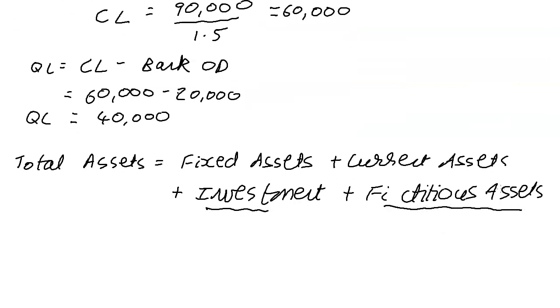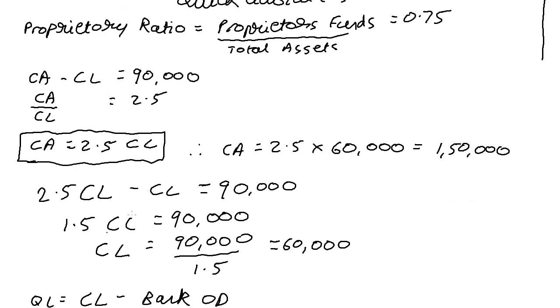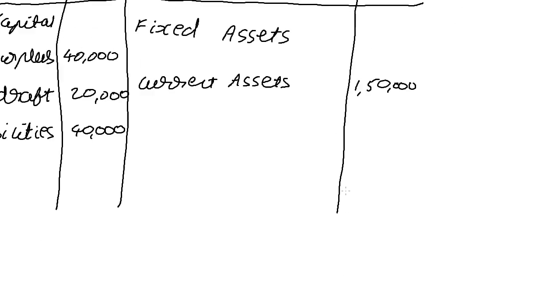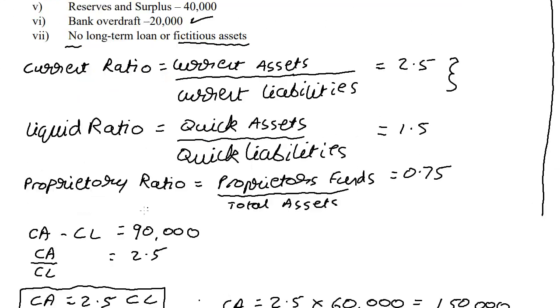Therefore, total assets is going to be nothing but fixed assets plus current assets. So I'm going to use short forms now. Total assets is equal to fixed assets plus current assets, and out of these I do not know fixed assets, but I know that the current assets is 1,50,000, which is what we put into the balance sheet over here.